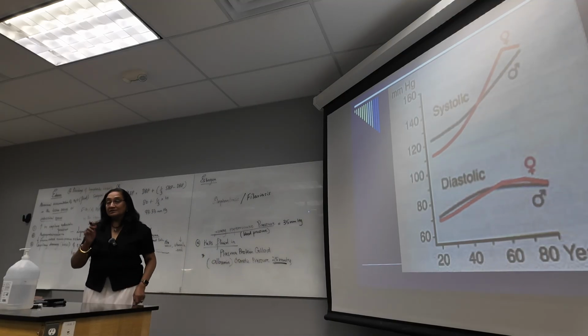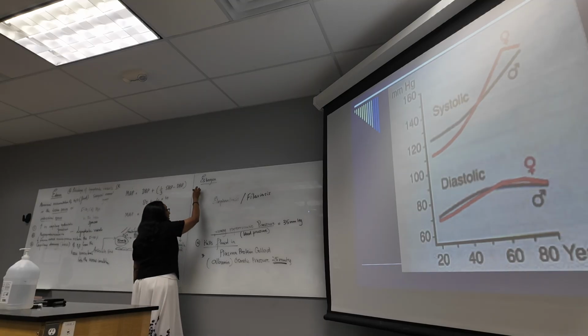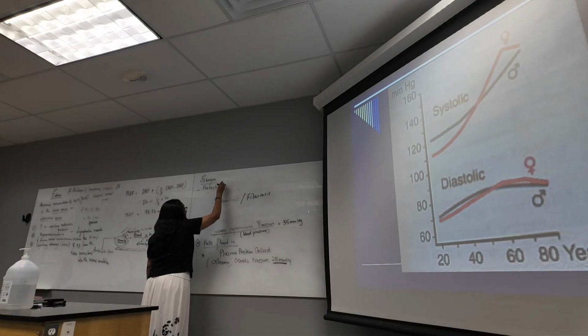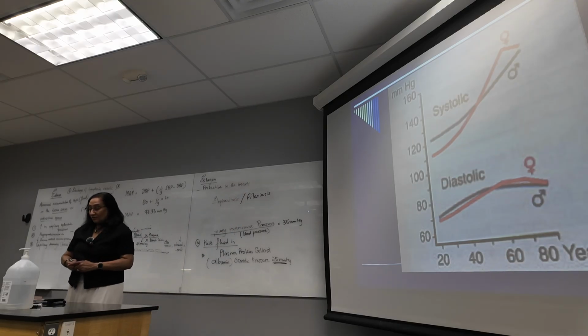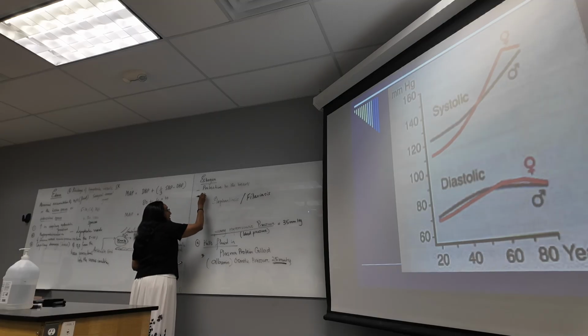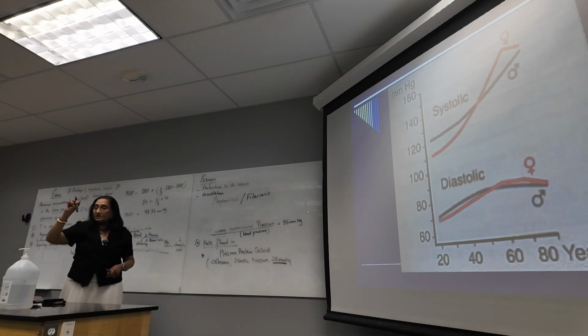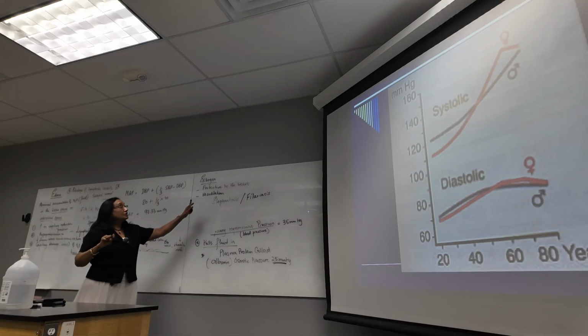So estrogen has several effects. It is protective to the heart and also keeps the blood vessels dilated, vasodilation. You know that if the blood vessels are constricted, the heart has to work harder to push blood through a narrow vessel.